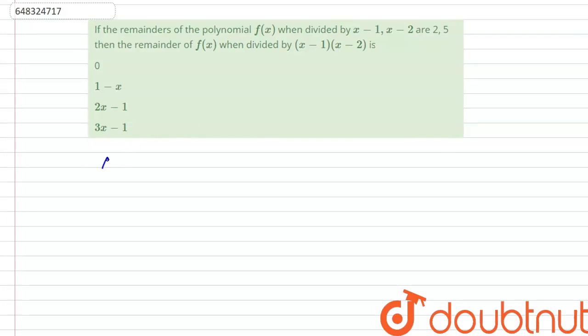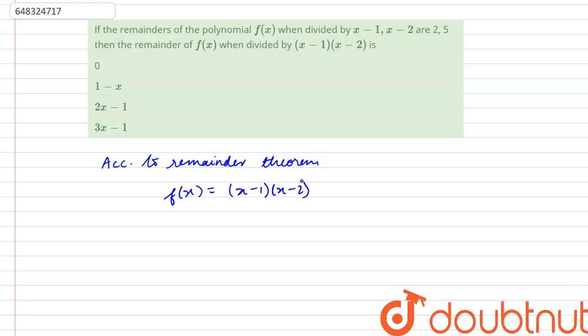We know that according to the remainder theorem, any function of x is given as the divisor multiplied by the quotient of x plus the remainder of x. So let us say this is the quotient and this is the remainder.